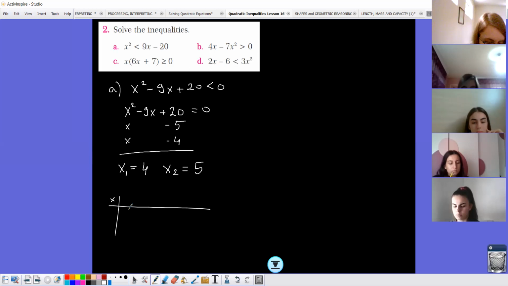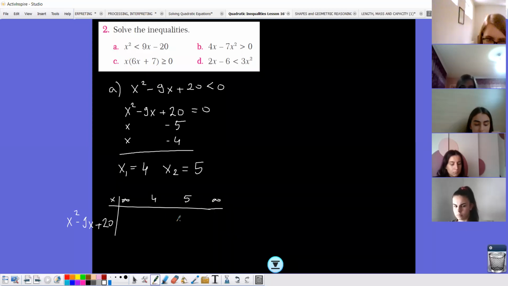Teacher will write the expression x squared minus 9x plus 20. I hope the others are writing. 4 and 5, minus infinity, plus infinity.